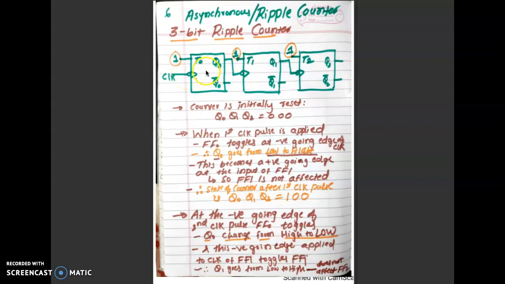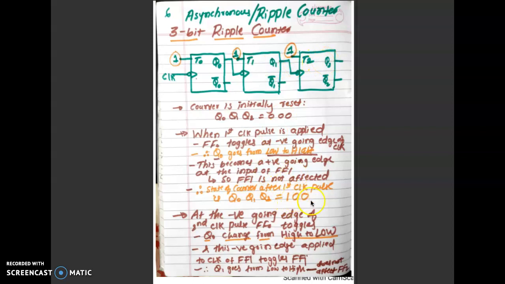The flip-flop zero's output, that is Q0, toggles during the negative edge of the clock. When the negative edge of the clock arrives, this toggles. Initially it was 0, now it becomes 1. So the state of the counter after the first clock pulse is, this has become 1, these are still 0 and 0.